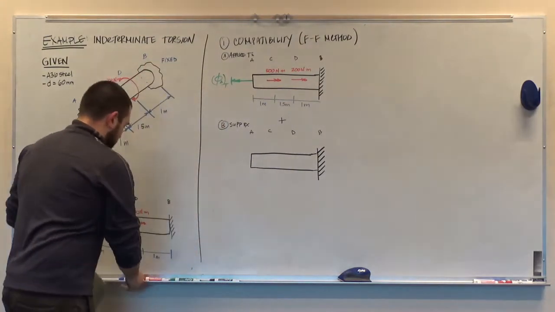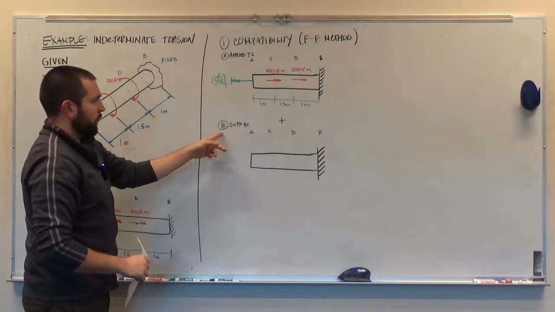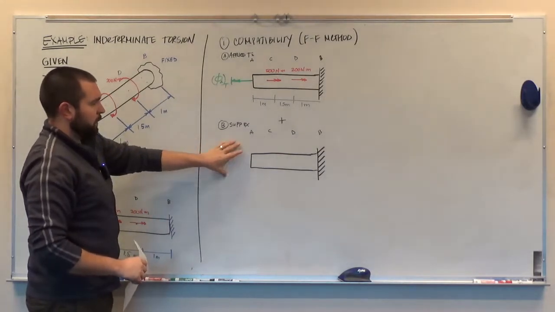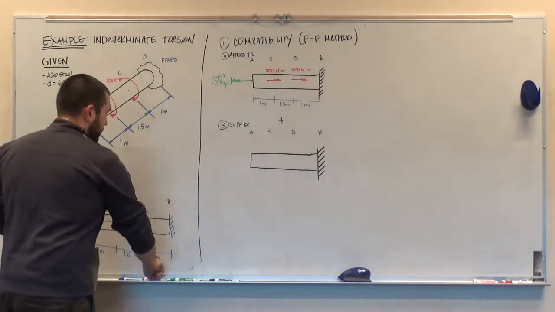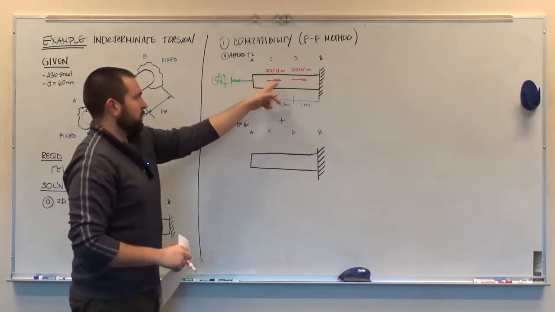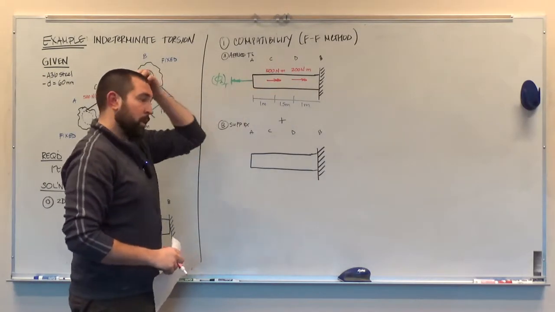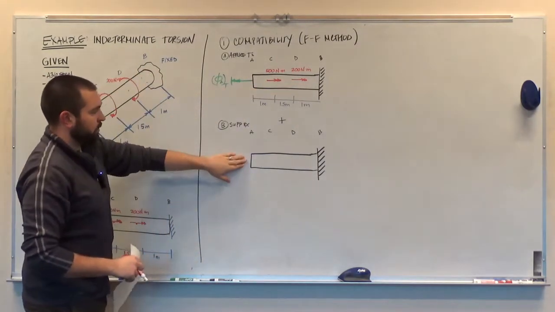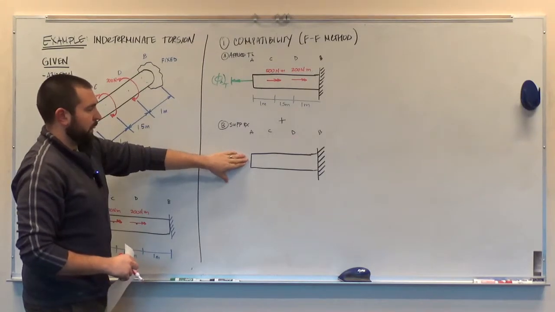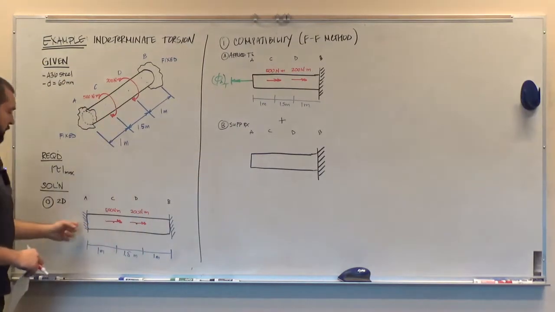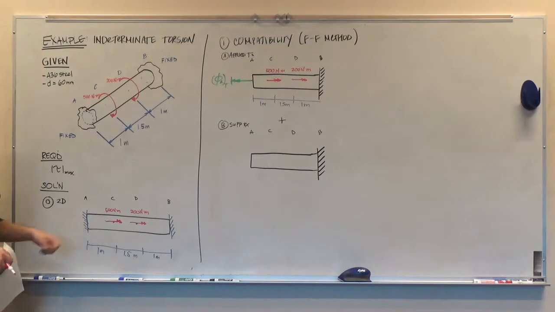Okay, so now we need to look at the second type of loading on the same primary system. So we're no longer applying these externally applied torques. What we're doing is we're adding a support torque at point A that's going to mimic what the actual support at A does.